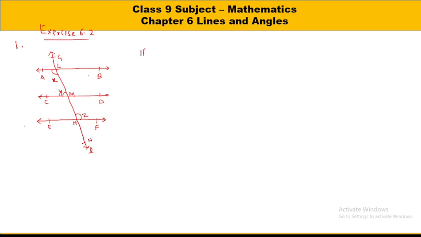It is written that AB is parallel to CD and CD is parallel to EF. These two things are given. Then they have given a ratio between the angles. Angle Y to angle Z is given as 3:7, and we need to find angle X.